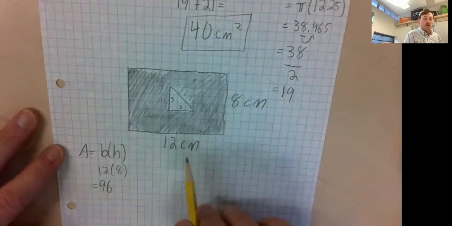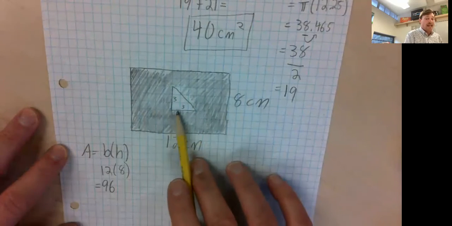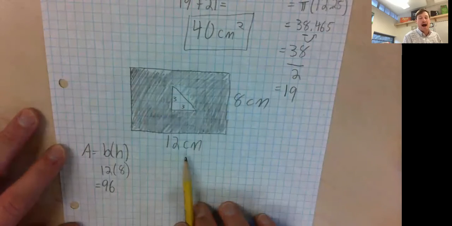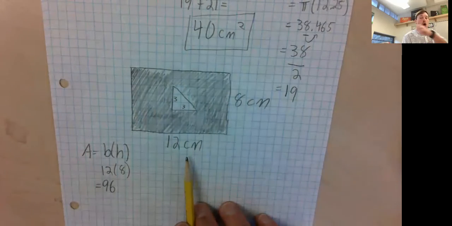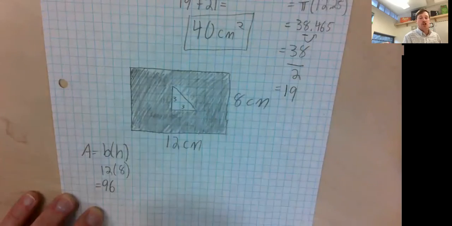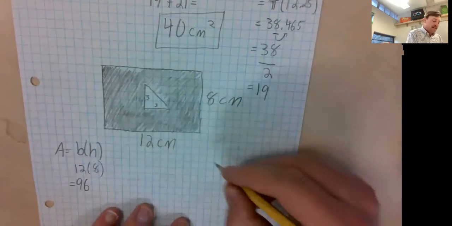So we know that the whole space is 96. But we're not trying to figure out the whole space. We're just trying to figure out the shaded area here. And what's not shaded is our little triangle here. So I need to take that space away to figure out what the surrounding shaded area is. So let's start out by figuring out the area of that inside shape.